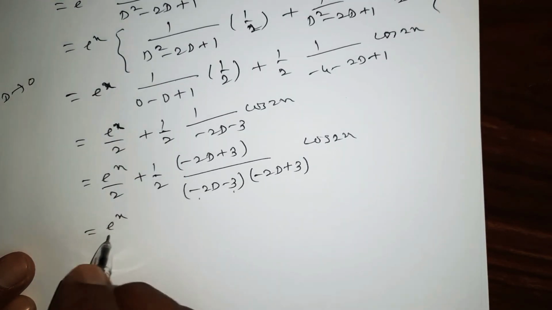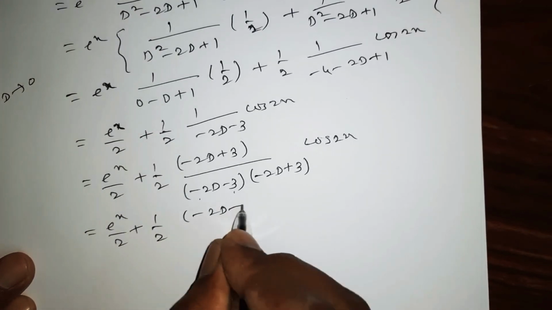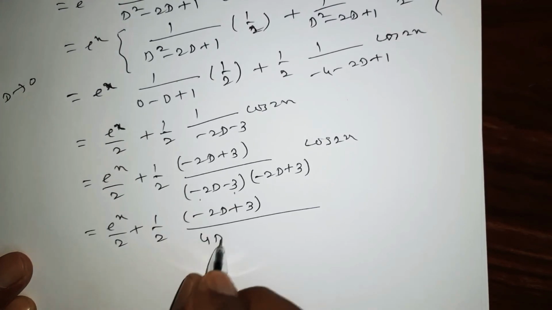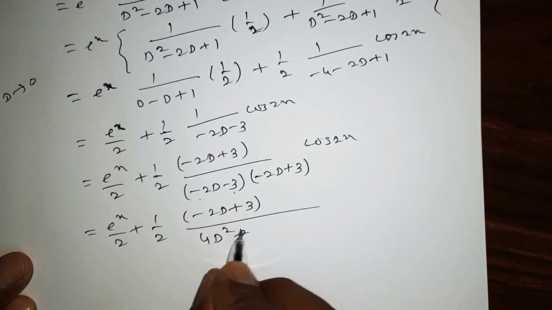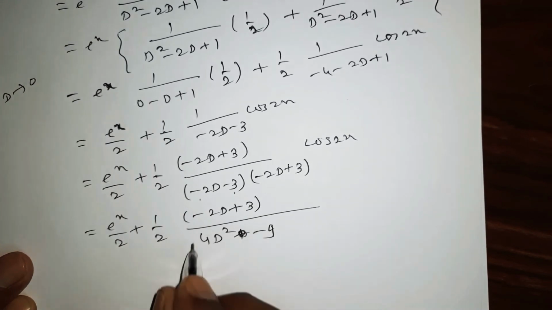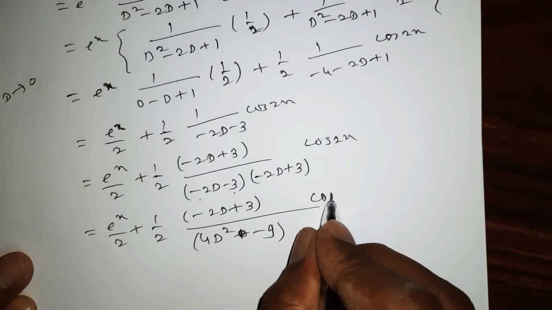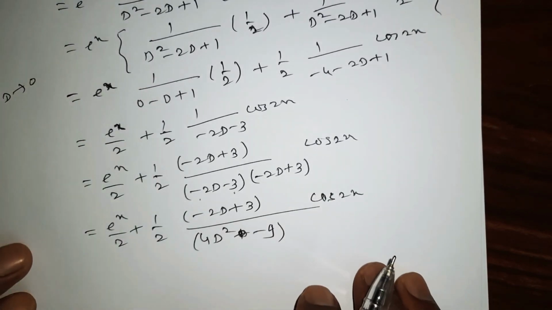So, e raised to x upon 2 plus 1 by 2 times minus 2d plus 3 divided by 4d square minus 9, a square minus b square, operating on cos 2x. Now, replace d square by minus 4, you will get the answer.